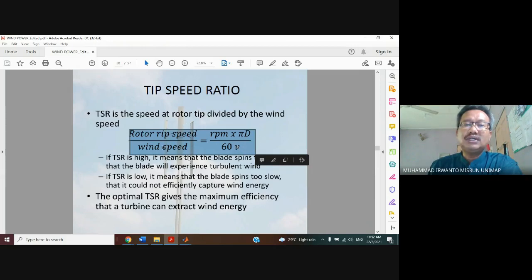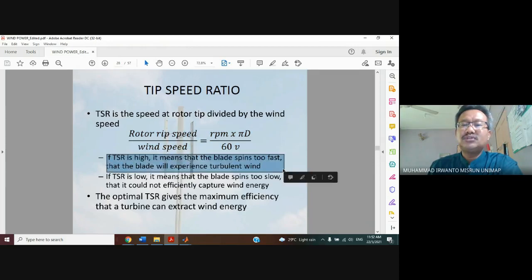We can conclude that if TSR is high, the blade spins too fast and will experience turbulent winds. If the TSR is low, the blade spins too slow.